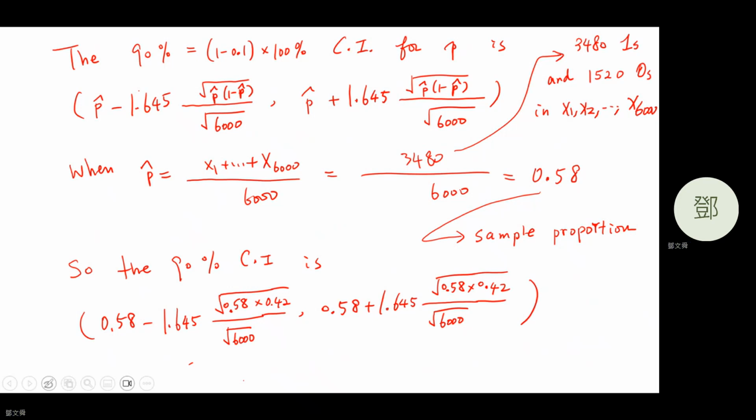This is the final result for the confidence interval, the final result of the confidence interval for the population proportion P.